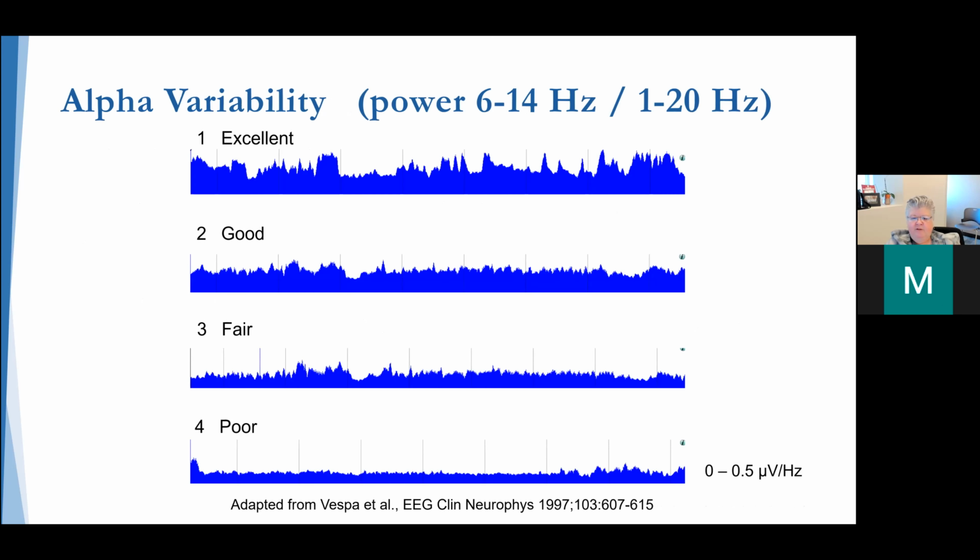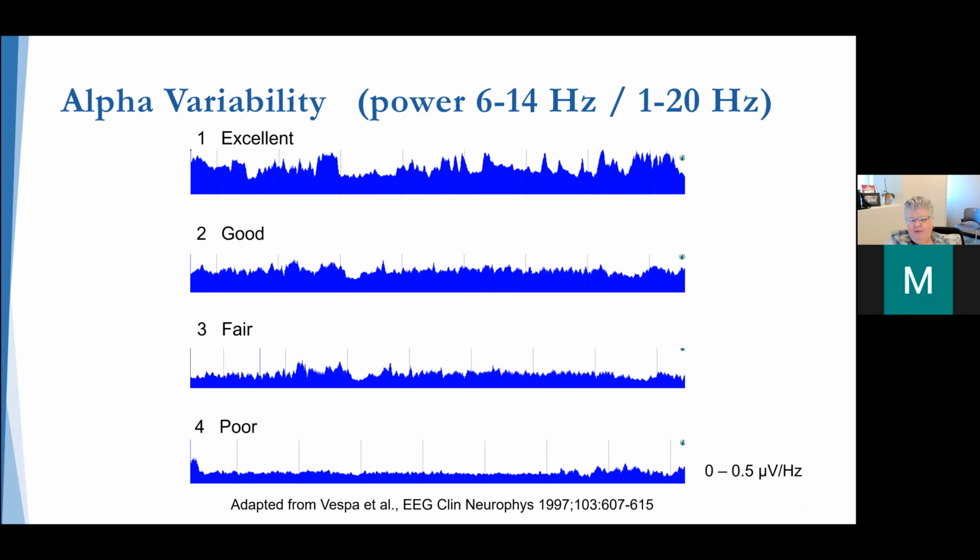So what does this alpha variability or alpha trend look like? Again, this is the power in the 6 to 14 hertz band versus the 1 to 20 hertz bands. And you can see as we look at this trend over time that there are peaks and valleys as the patient has spontaneous changes in state and arousal. This looks like a New York City skyline.